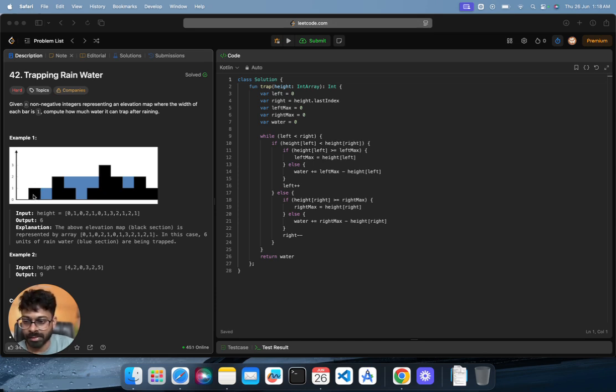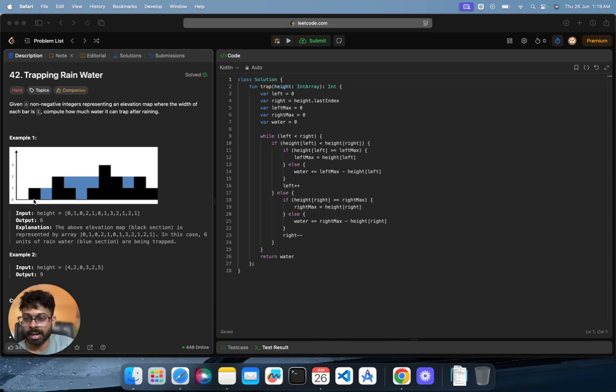If this is the smaller, we will start with this, and we will ask: if I am going towards the next one, is the next left that I'm proceeding to smaller? If it is smaller, collect water, because you are not worried about the right side. The right side is bigger than you, so you can just collect water.